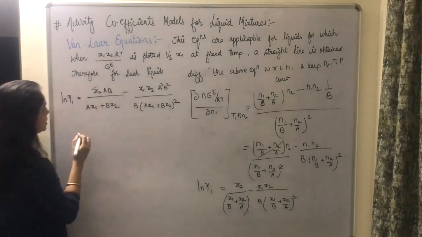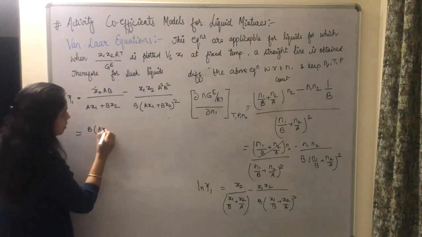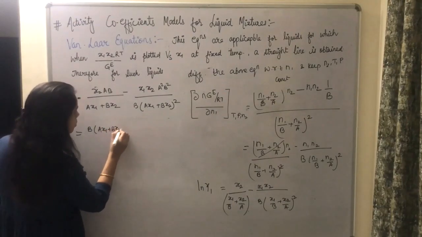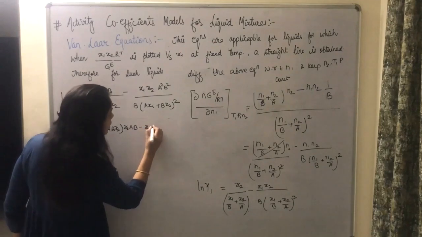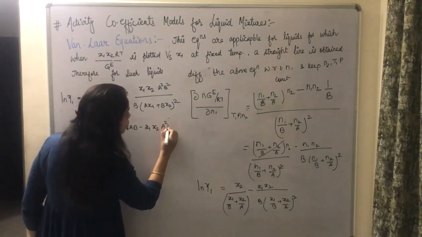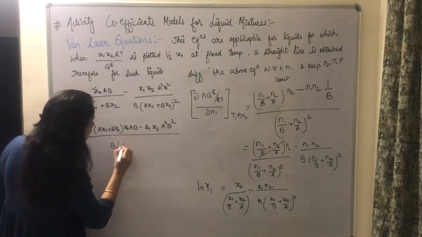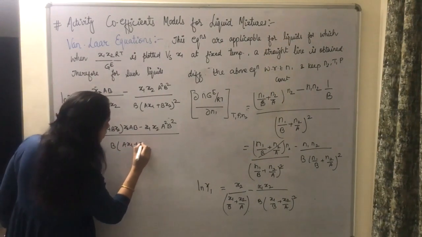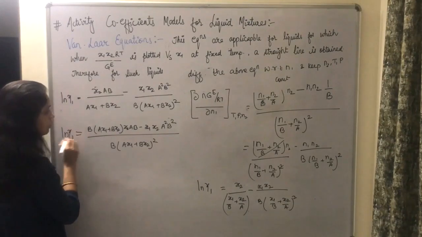Now just take the LCM. So b (a x1 plus b x2) x2 ab minus x1 x2 a square b square upon b (a x1 plus b x2) whole square. So this is equal to ln gamma 1.